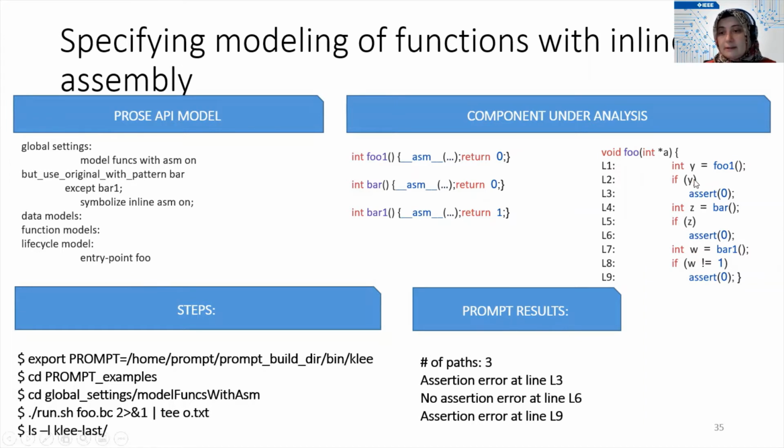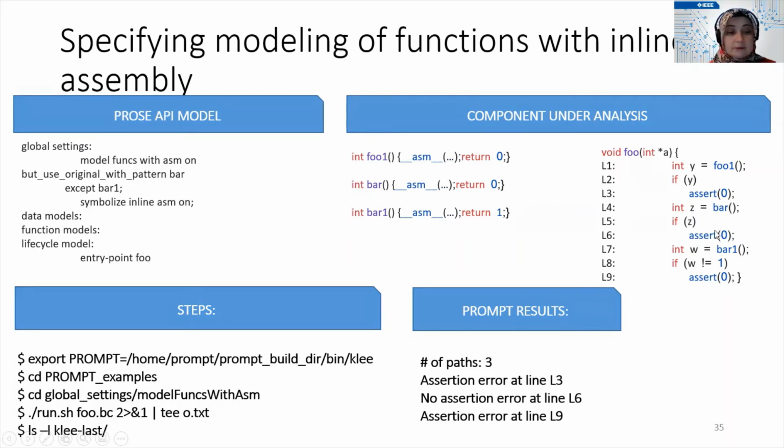So these if statements actually should hold true, meaning that we can reach the assertion failure at L3 and at L9. Whereas since we're using the original definition of bar, and since bar returns a 0, obviously z will get 0, and then this if statement will evaluate to false, and we will not be able to reach this assertion failure.